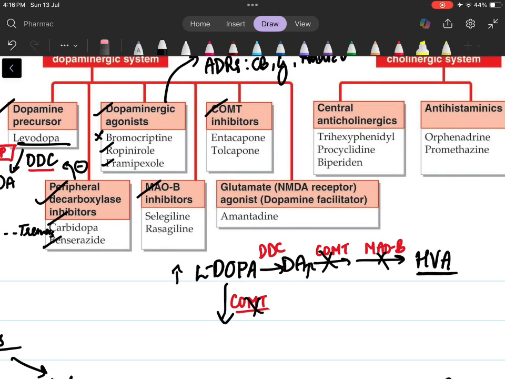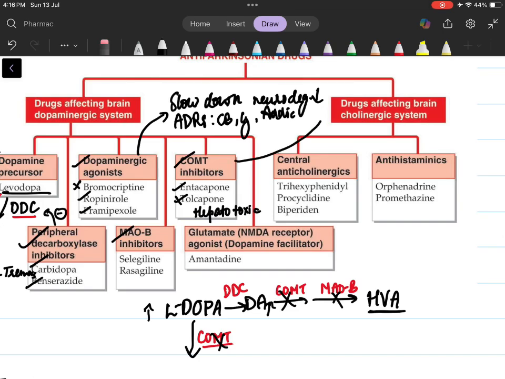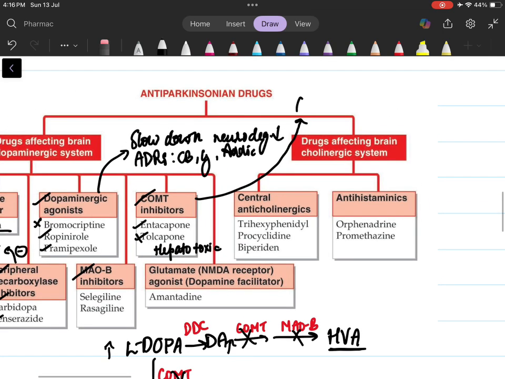Under the COMT inhibitors, we have entacapone and tolcapone. Tolcapone, again, is highly hepatotoxic, so we've stopped using it. Only entacapone. MAO-B inhibitors are selegiline and rasagiline. What are the key points here? When you talk about the COMT inhibitors, they minimize the on and off phenomenon greatly. And on and off wasn't a nice thing, so if it's minimized, that's amazing. The adverse drug reactions are nausea, vomiting, and dyskinesias.